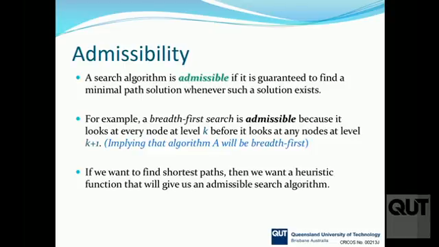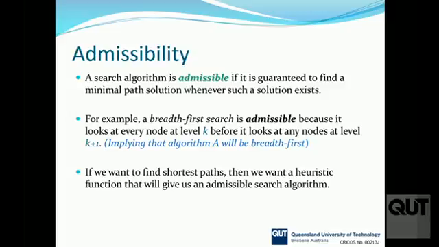So it admits all possible pathways because it's breadth first. And having stated that, once it's found the shortest path, it doesn't need to look at all of these other nodes. It's only looked at all of the nodes within a certain depth. So that's an admissible search, but it didn't have to look at all the nodes.